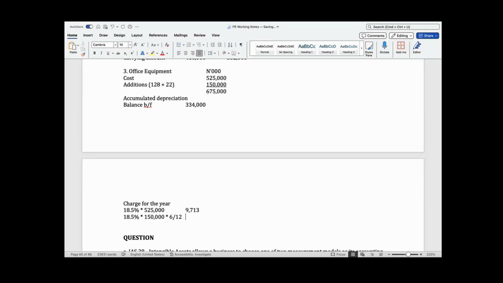Look, how are you calling this figure? I don't understand it. Just do 18.5% times 525,000. 97,125. Okay. 97,125. How about this one? 13,875. 13,875.